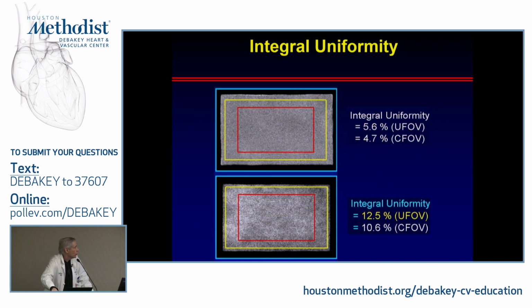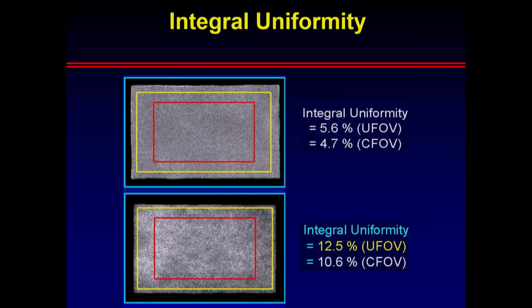So if you look at this particular crystal on the top, you can see the integral uniformity is 5.6%, and the central field of view is actually really nice. I mean, if you look at the central part, which is the red triangle, if you look at the central part of the crystal, there's only 4.7% difference across that crystal face, and only 5.6% across the entire face.